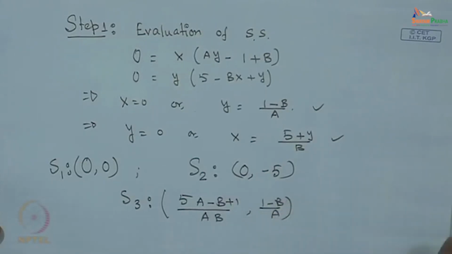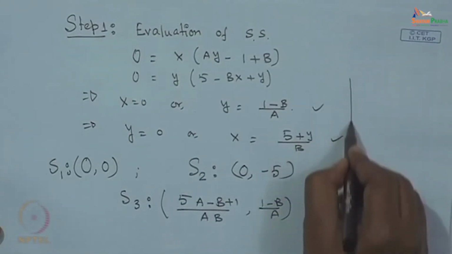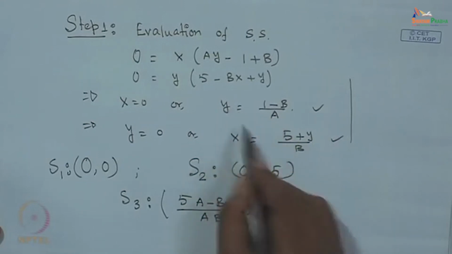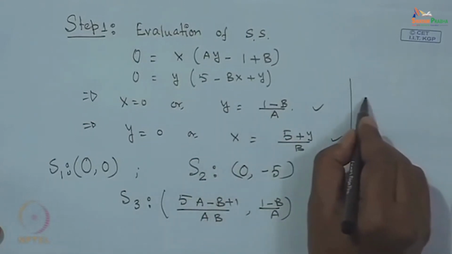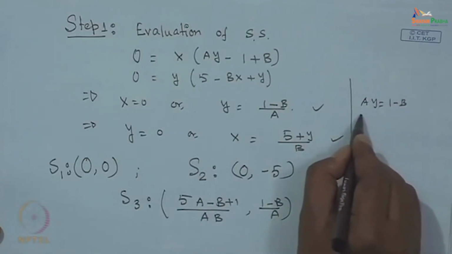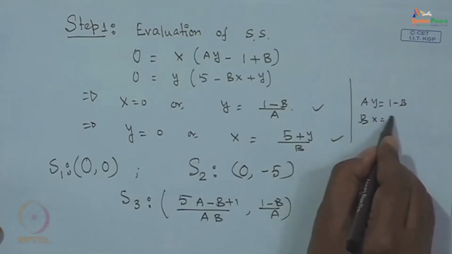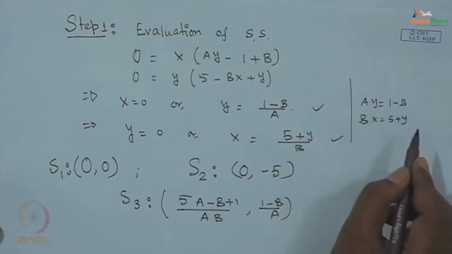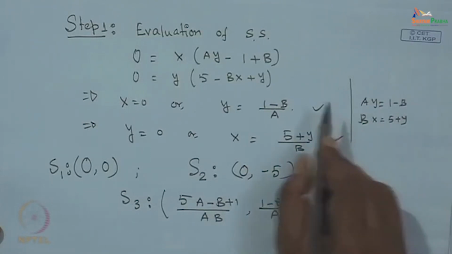How to get this steady state? If we simply solve these two equations, ay = 1 - b and bx = 5 + y.